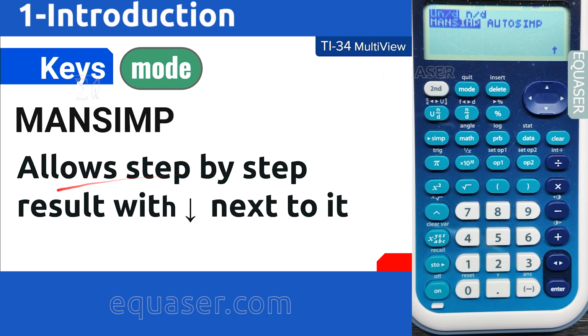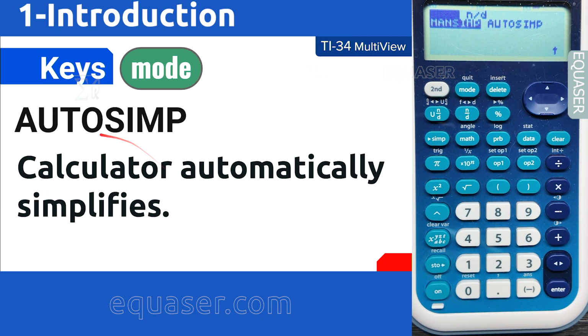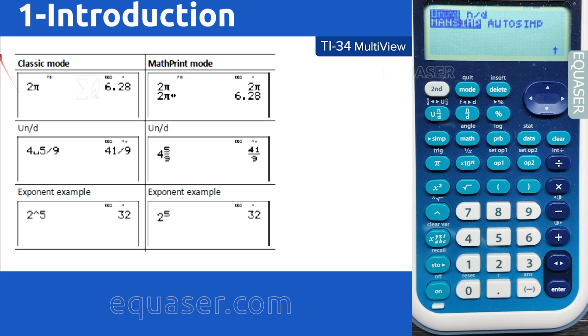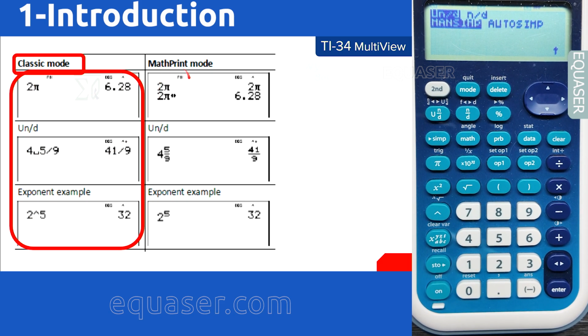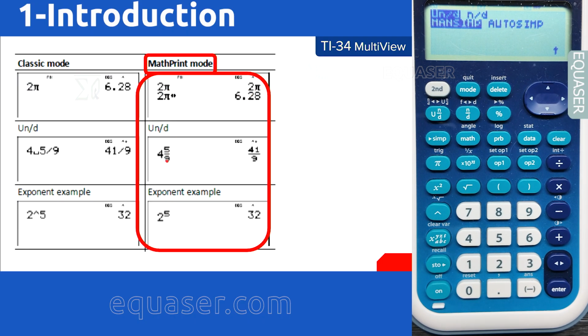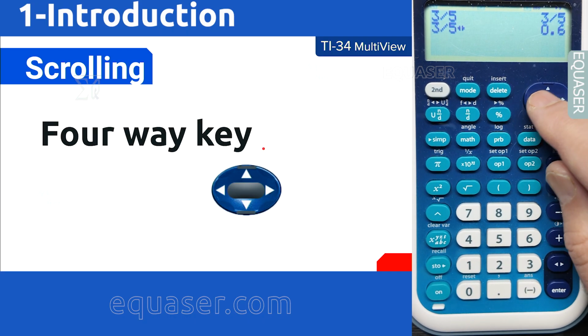It allows step-by-step result with this arrow on the screen next to it. We are going to see it. And auto simp means a calculator automatically simplifies. In classic mode, when you enter 2pi, you will see like this, and the other values are like that. But for math print, you will see actual math print, which we are going to see multiple examples, so do not worry.